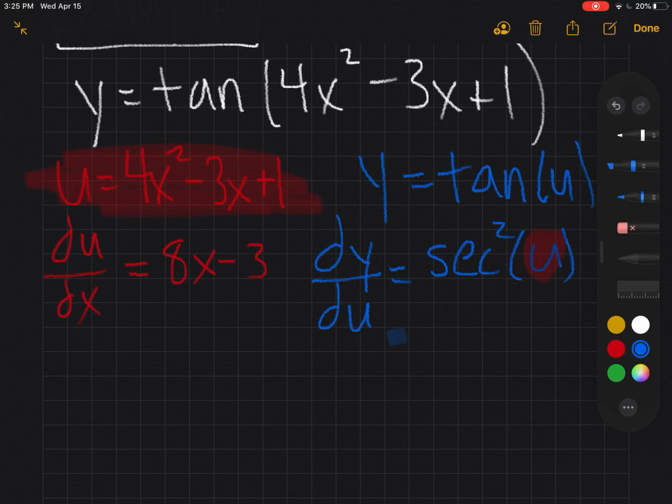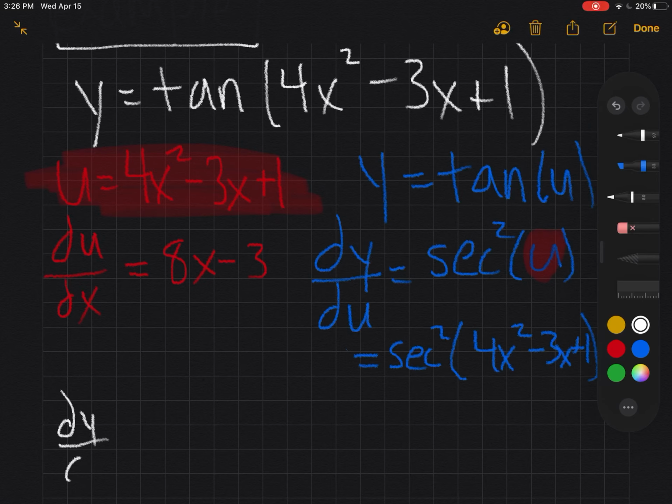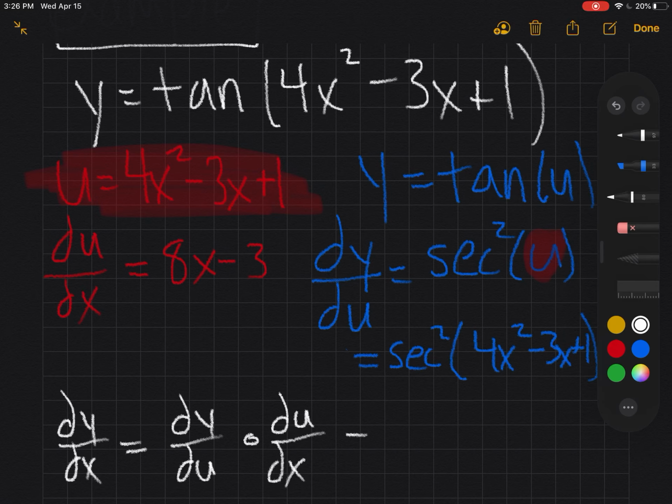And because at the end of the day, we want this to be a derivative that's defined in x, we're going to undo that u substitution. So what is u? u is equal to 4x squared minus 3x plus 1. So we're going to put that right back in there. So this is equal to secant squared of 4x squared minus 3x plus 1.